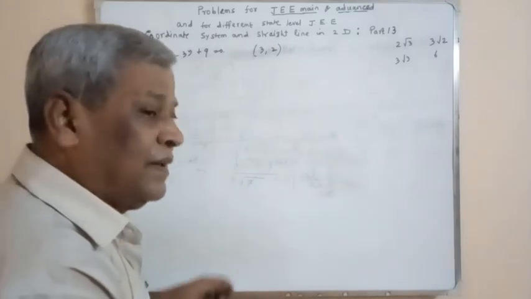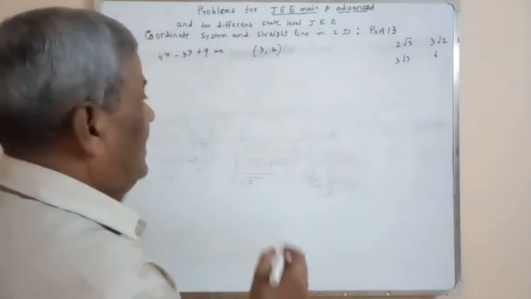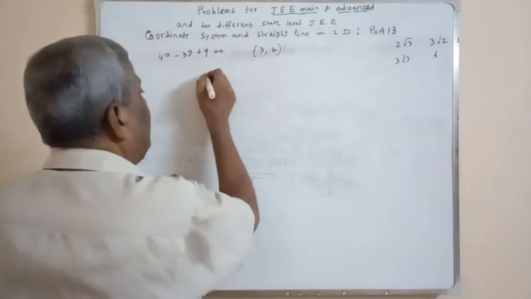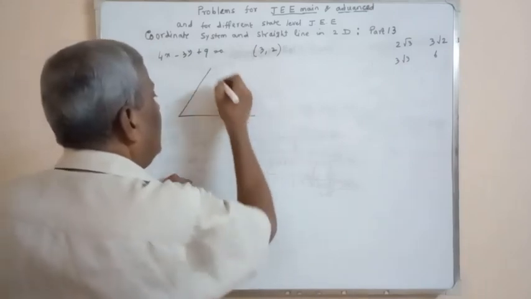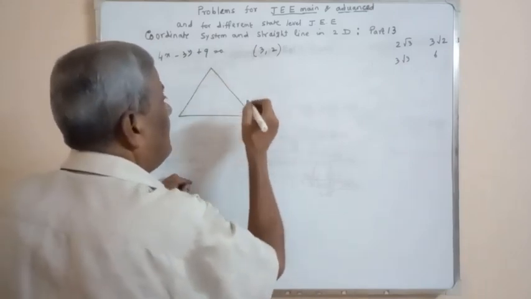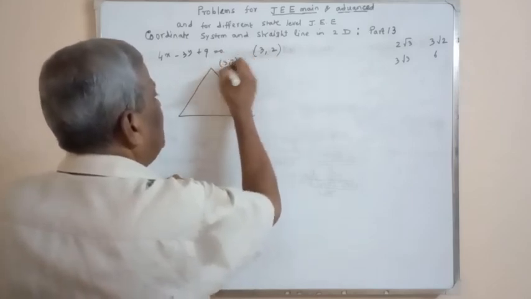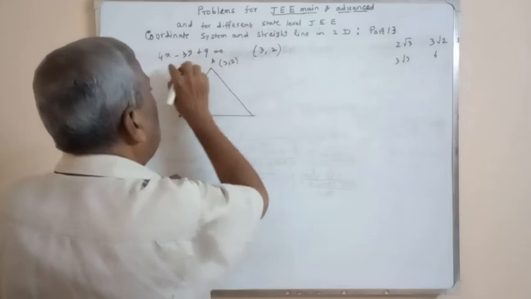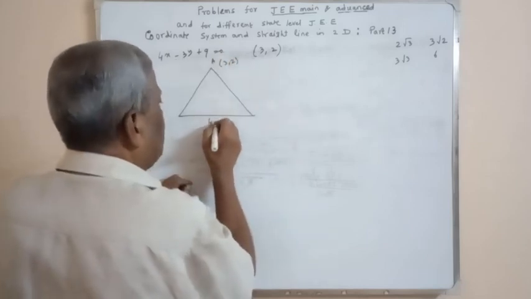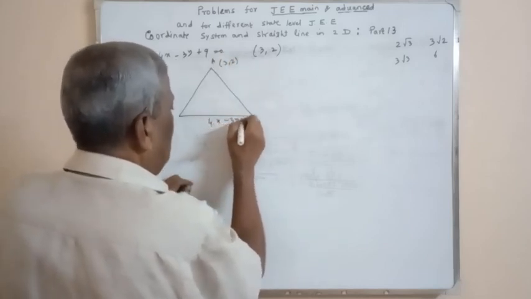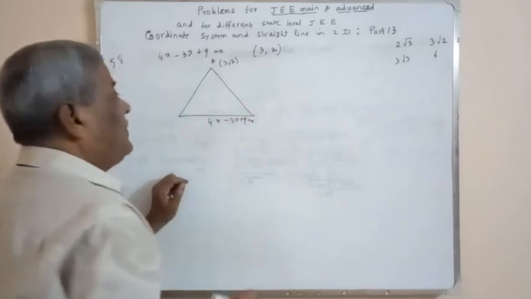Given one equilateral triangle, one of whose vertices is this (3, 2), say A, and its opposite side is 4x minus 3y plus 9 is equal to 0.